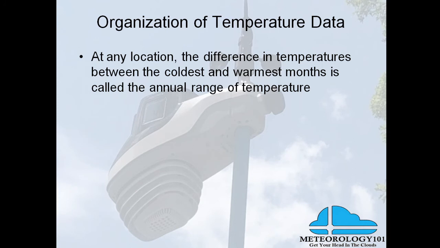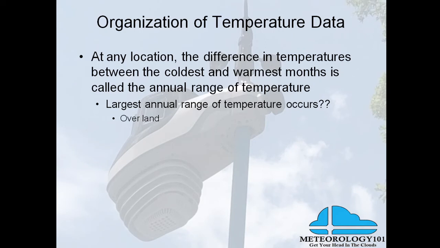At any location, the difference in temperatures between the coldest and warmest months is called the annual range of temperature. And the largest annual range of temperature occurs over land. Because like I said, it takes a lot more energy to heat and cool water, to basically heat the water up. So you'll have a lot less of a change in the water temperature.